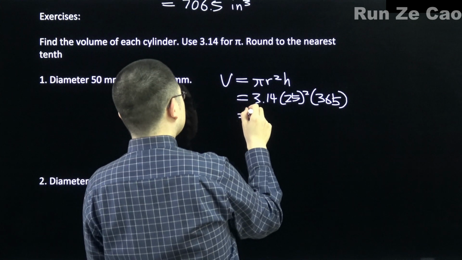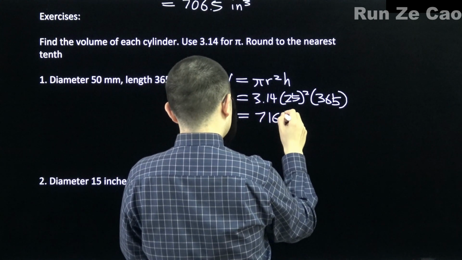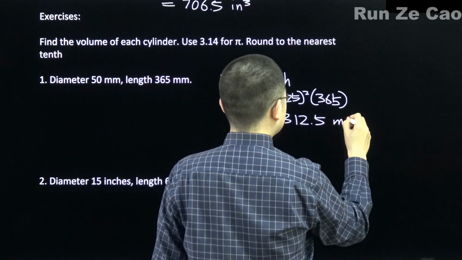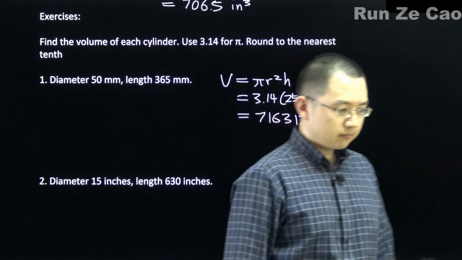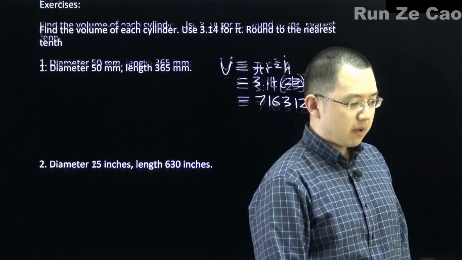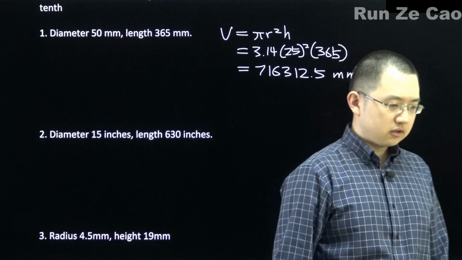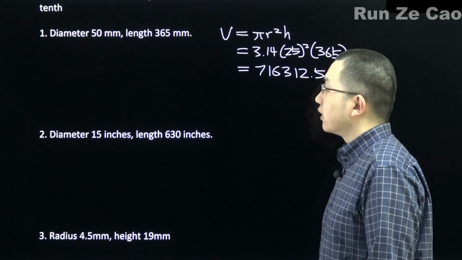Well, it turns out I didn't need to round. This is equal to 716,312.5 millimeters cubed. I think I overestimated the base diameter of the cartridge for the 40 millimeter by 365 millimeter.